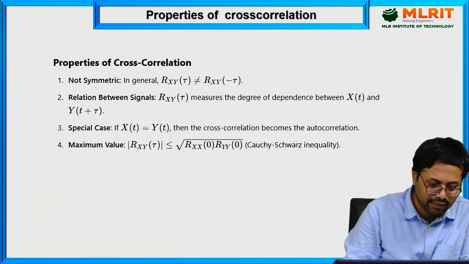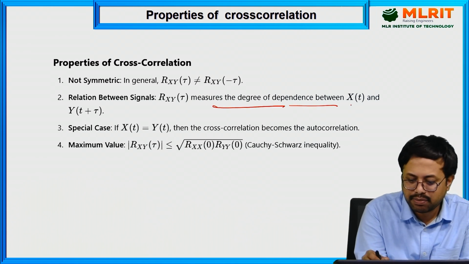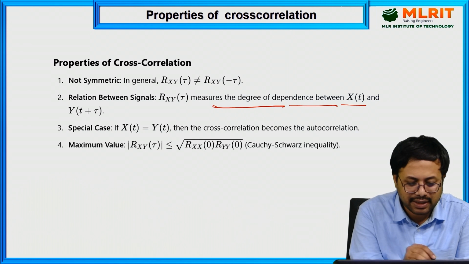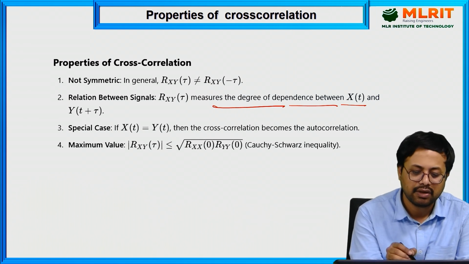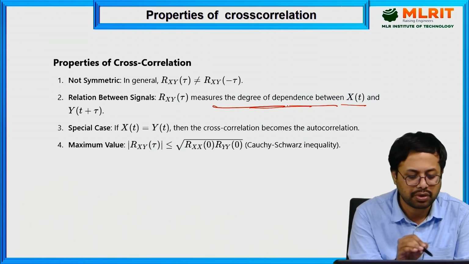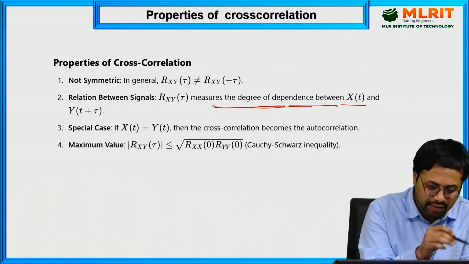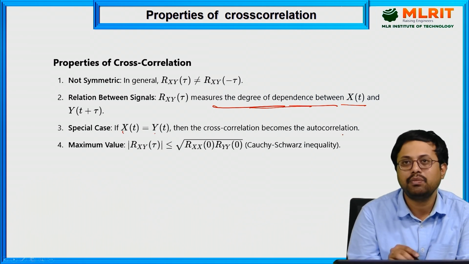Now next, the second one: it measures the degree of dependence between x of t and y of t plus tau. It shows the relationship between two different signals at two different time instants. It tells the degree of dependence between two different processes or signals. Now next, if x of t equals y of t, then cross-correlation becomes the autocorrelation function.